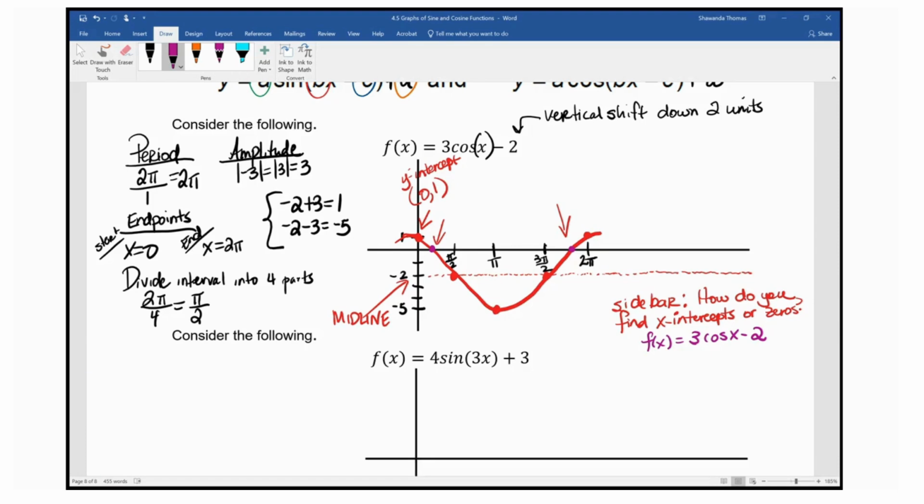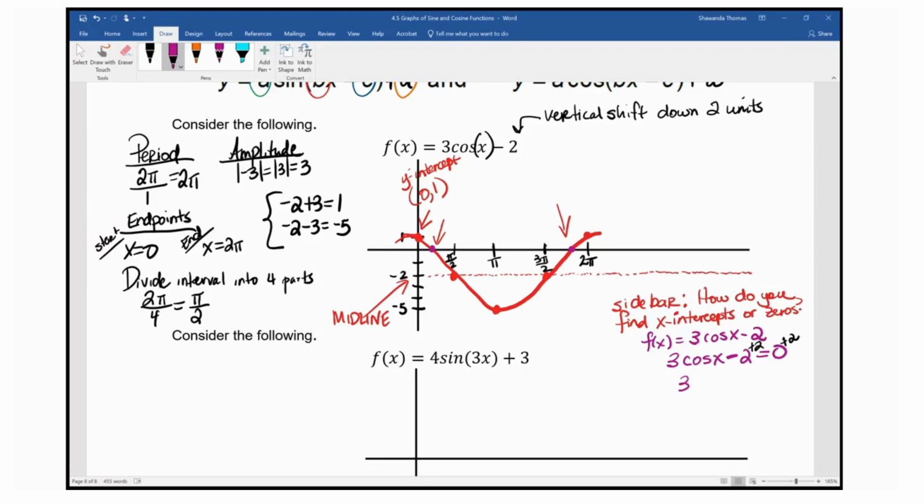All right, so for example, 3 cosine x minus 2 equals 0. This is a sidebar. I might be getting a little ahead of myself, but let's go ahead. We're going to solve for x. What would you do first to at least try to isolate cosine? Move the 2 over, by adding 2 to both sides. Yep, let's add 2.